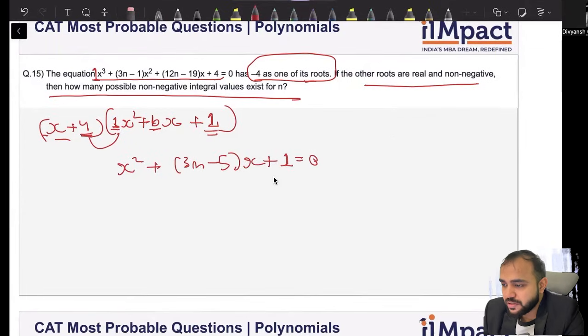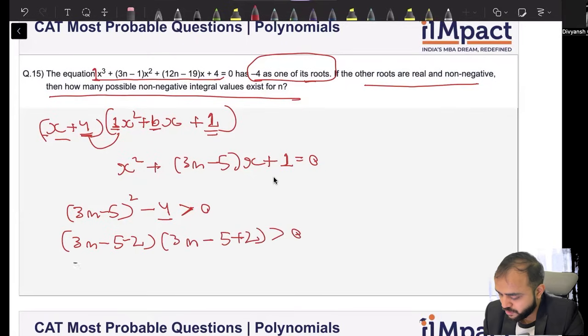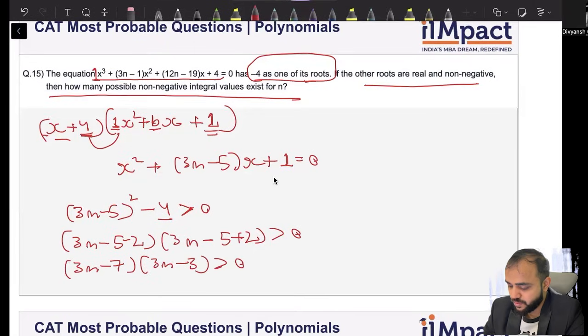So the roots are supposed to be real, which means (3n minus 5) whole square minus 4 is supposed to be greater than or equal to 0, which means this is 2 square. So I can write this as (3n minus 5 minus 2) into (3n minus 5 plus 2) is greater than or equal to 0, or (3n minus 7) into (3n minus 3) is greater than or equal to 0.